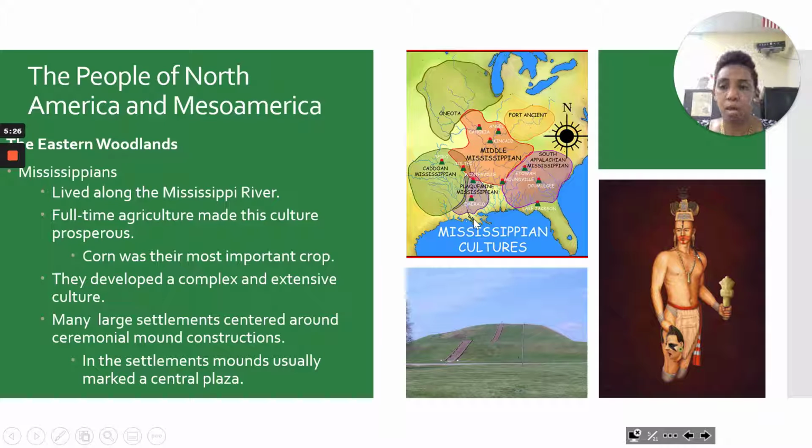As you see here, they developed a complex and very extensive culture that went as far as parts of Minnesota today, which is up here. Many of the large settlements were structured around a ceremonial mound. Just like the Hopewell, they had a similar mound system, possibly for burial.